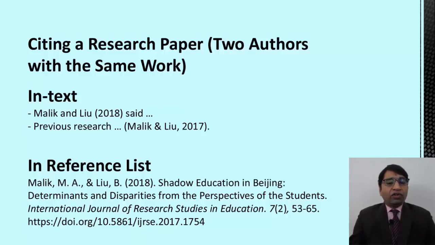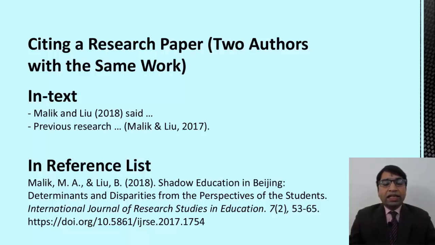If you have to write it at the end of the sentence, like we did in the previous case as well, for example, it would be previous research, and once the sentence is finished, we would start the small bracket, first author's last name, and sign. Here, see the difference please.